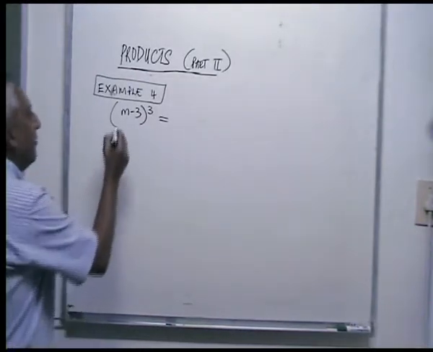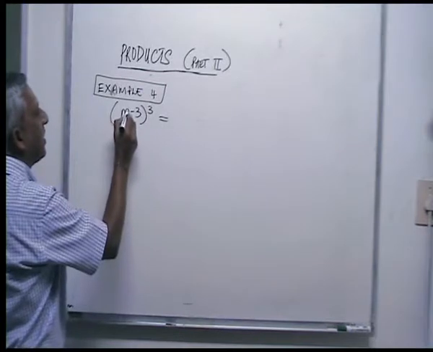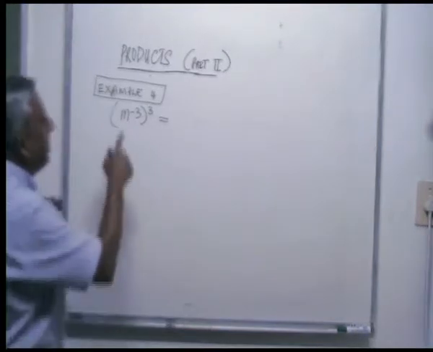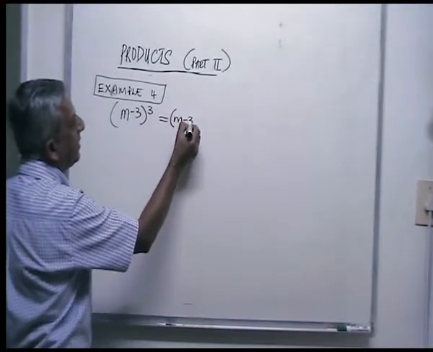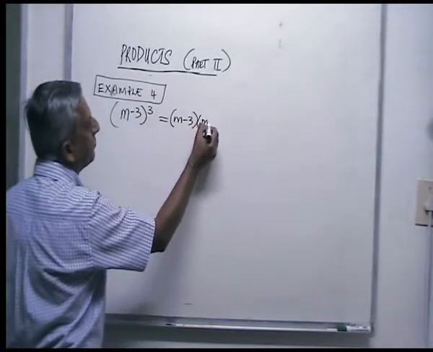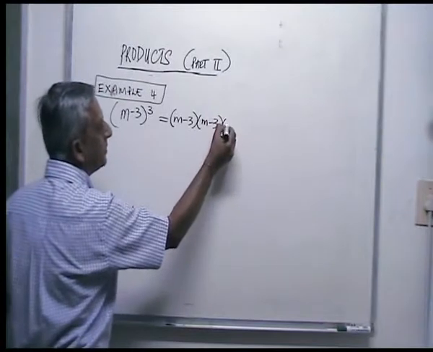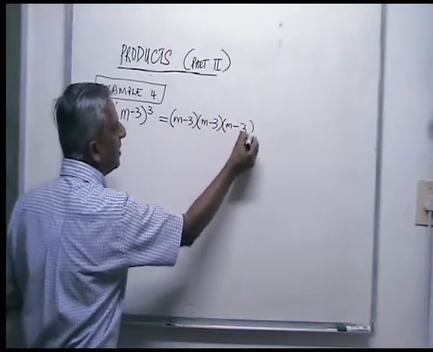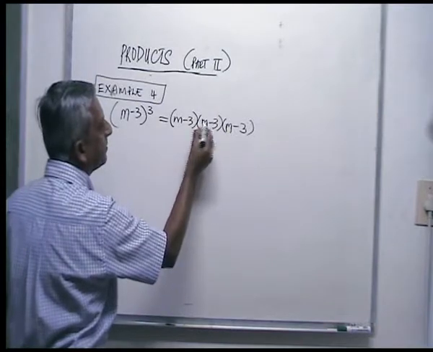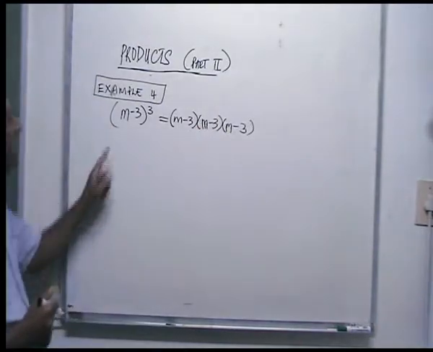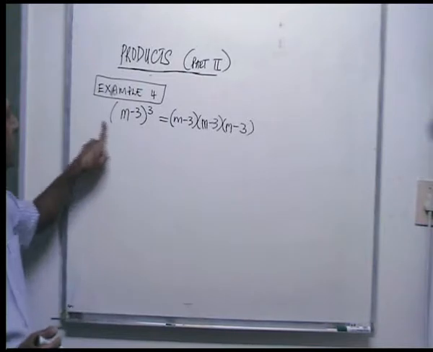Right. Now just relax and follow. Just be calm, relax. So it's cubed. Therefore, I must write the bracket 3 times. So that's very easy. Just write the bracket down 3 times. Step 1. m minus 3 all cubed.